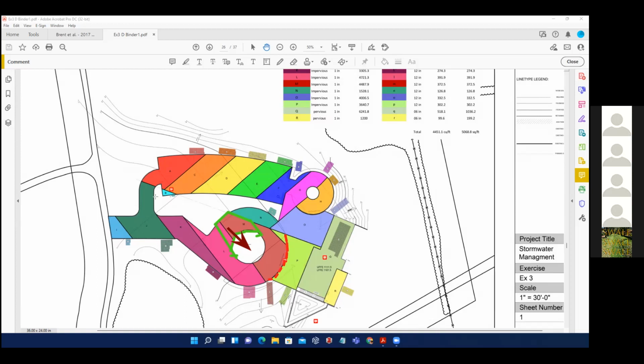Okay? So we will have to see how big this is and how well the purple or the pink here is reasonably directed into this area. So that is solved.